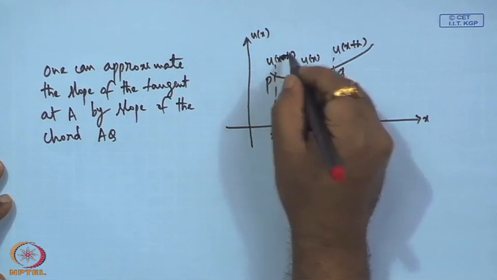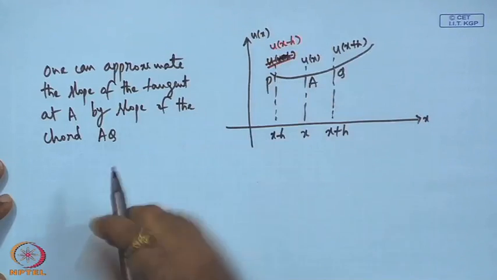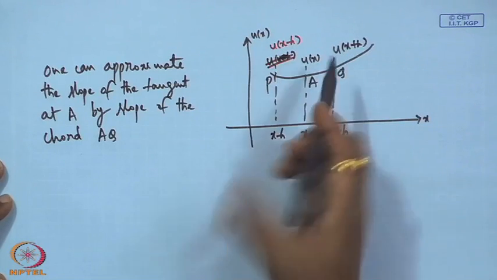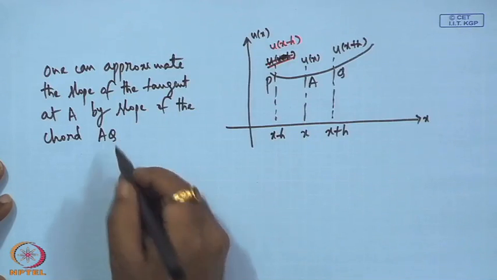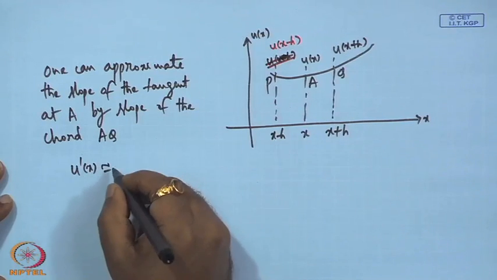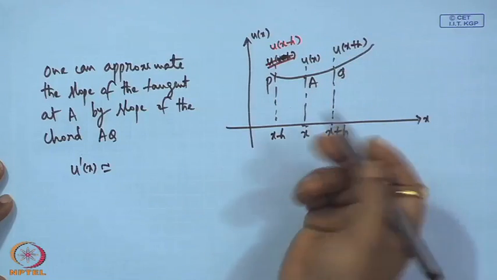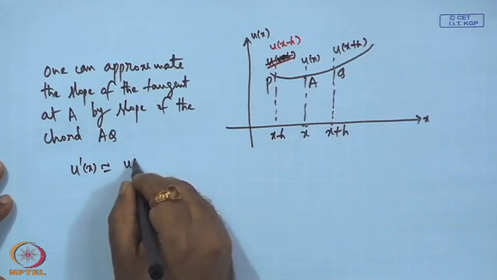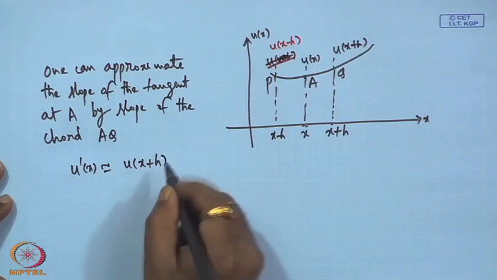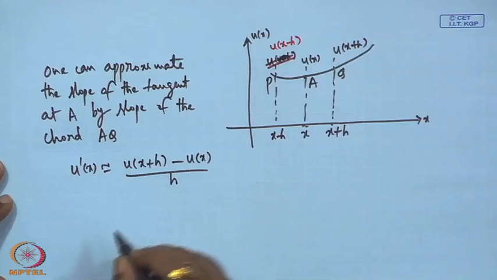Okay. If we do this, then the corresponding approximation we are going to get is, what will be the distance from here to here, it is just h. So, u of x plus h minus u of x by h.